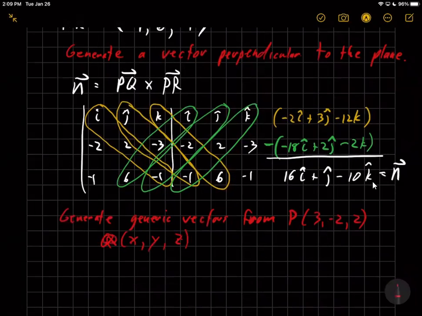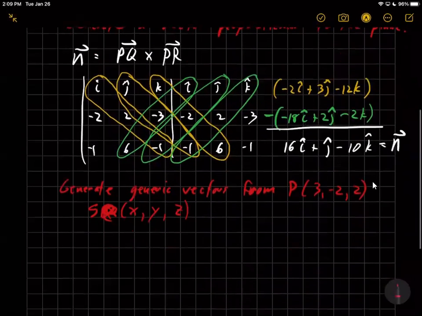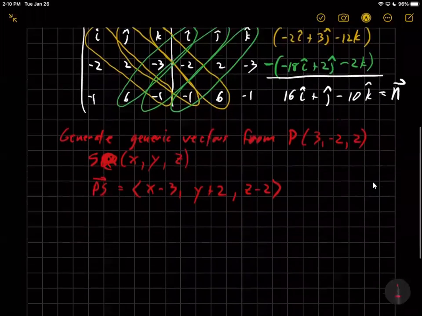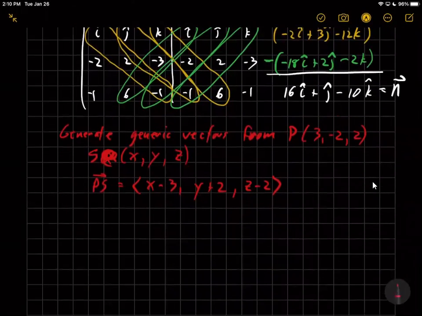Oh, actually, I better come up with a letter besides Q because we've already used Q. P, Q, R, we'll use S. So S would have coordinates x, y, z. Generic vectors would be PS, that would be x minus 3, y plus 2, z minus 2. That would represent all vectors in space coming from point P.